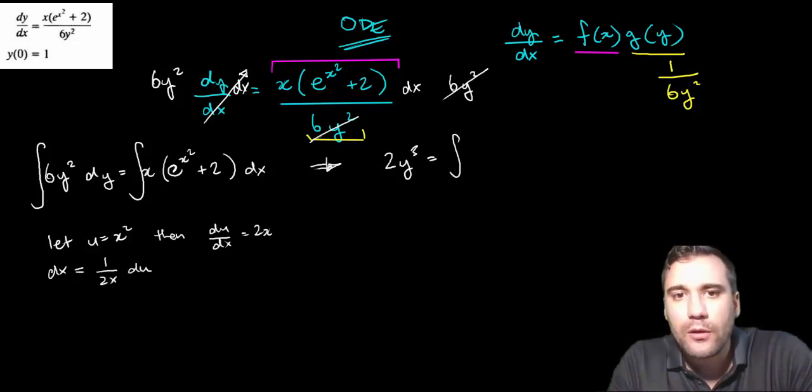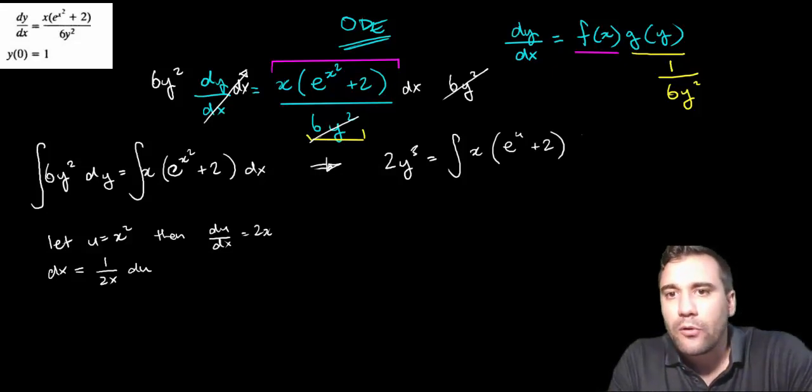So this becomes the integral of x times e to the u plus 2 times 1 on 2x du.